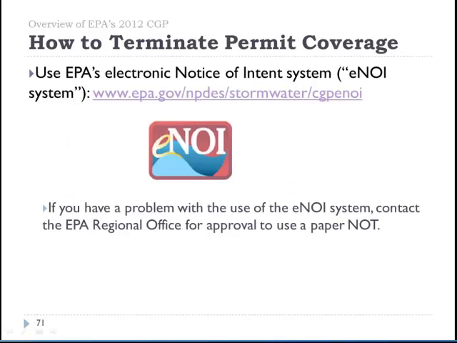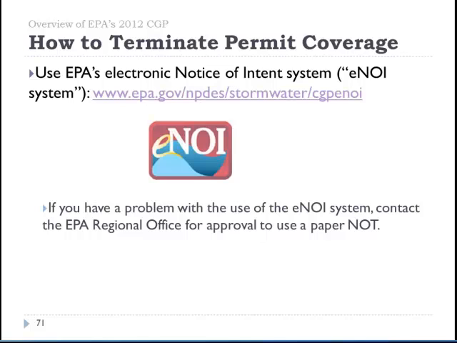EPA will eventually have an NOI system that will allow people to submit notices of termination under the new permit. We're still getting that up and running, but there is a paper NOT form that can be used, and that's found at the CGP website.